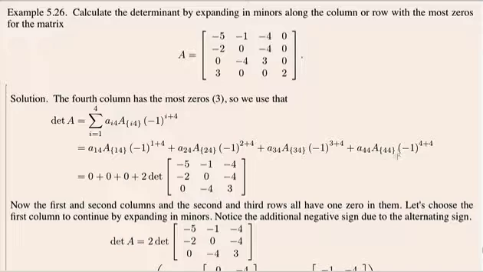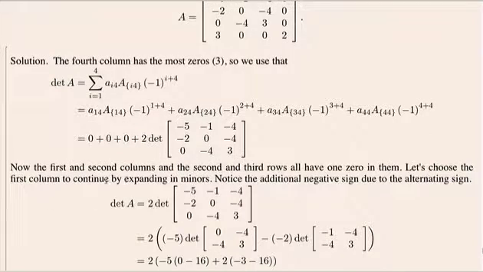Then we have the determinant of the submatrix that you get if you cancel the fourth row and the fourth column, the row and column of this entry a44. So we end up with this submatrix, which is 3 by 3. Now the first and second columns and the second and third rows all have 1, 0 in them, so in that sense it doesn't matter which one we choose.